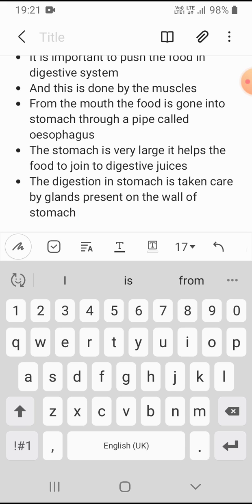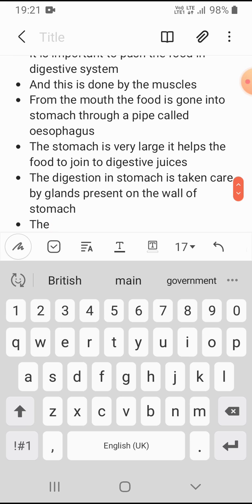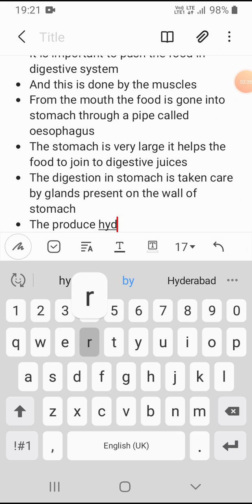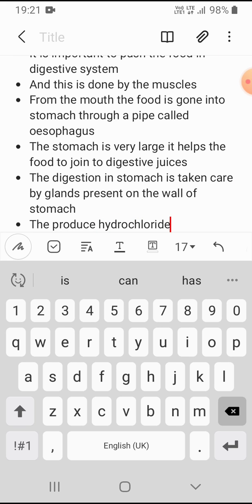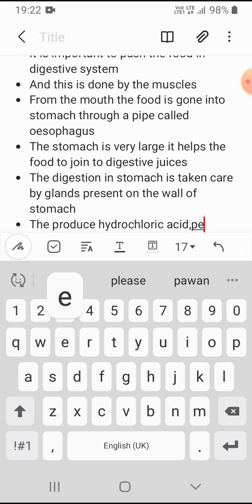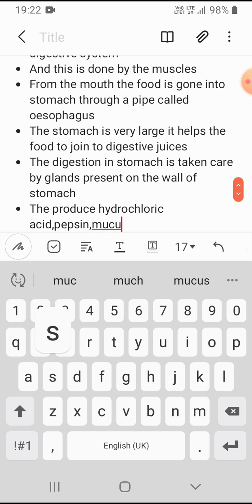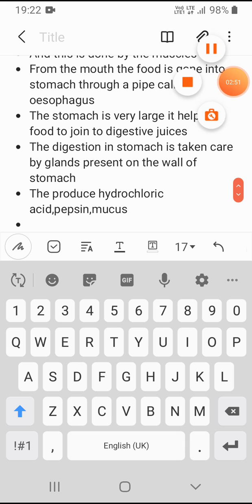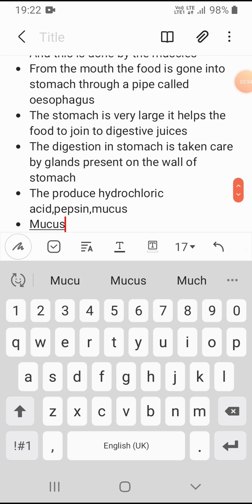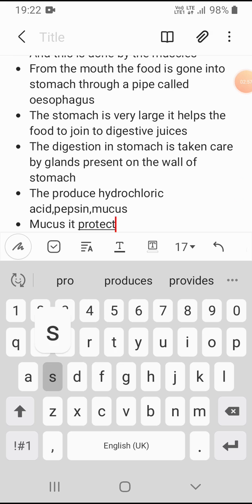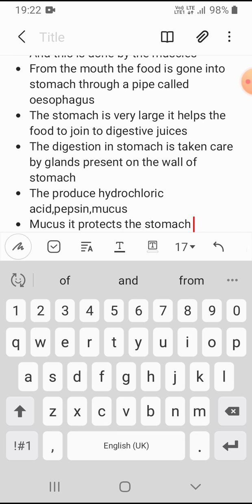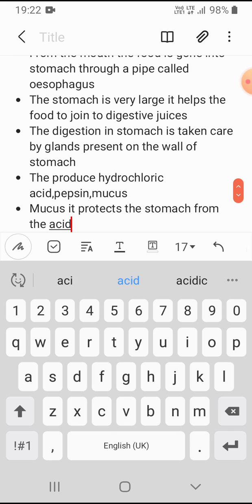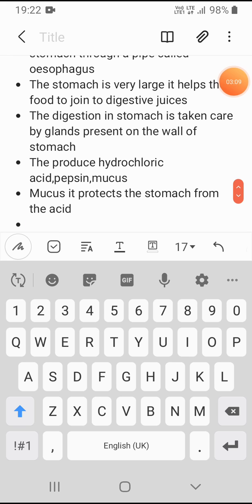They help to digest, and they produce hydrochloric acid, as you may have learned in your chapters, pepsin, and mucus. The mucus protects the stomach from the acid, so that no damage happens through the hydrochloric acid or pepsin.